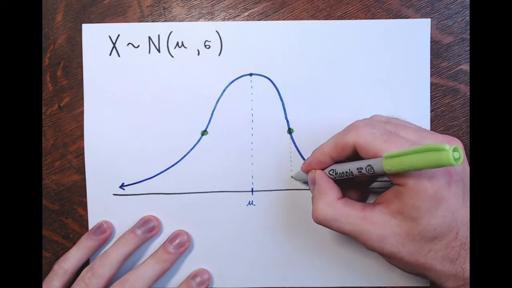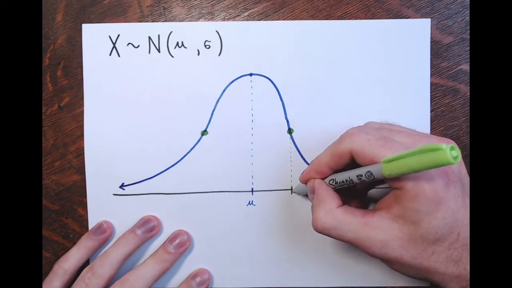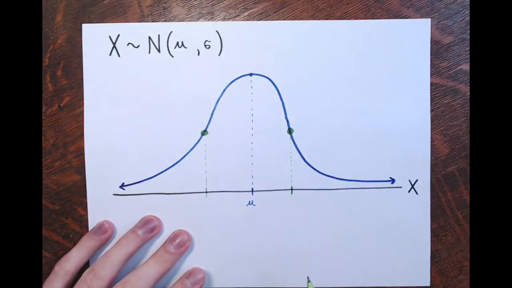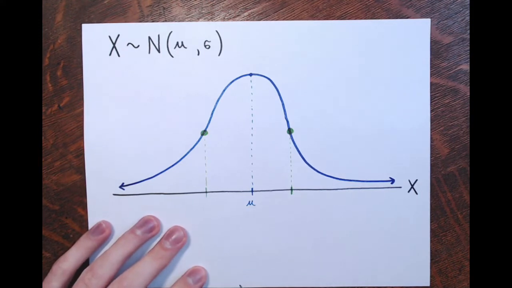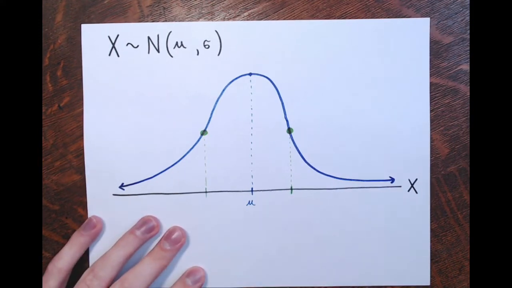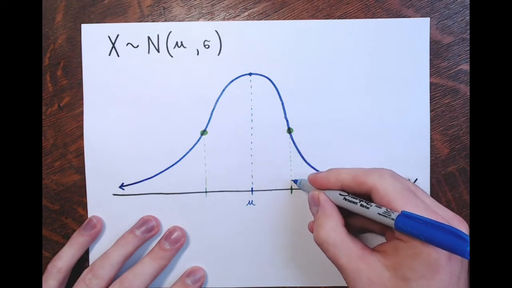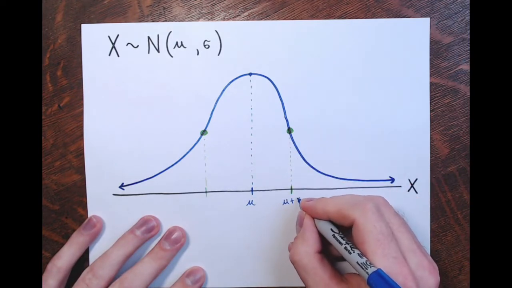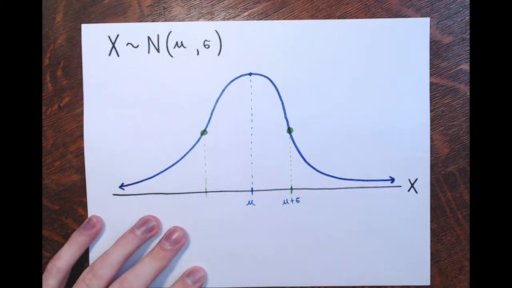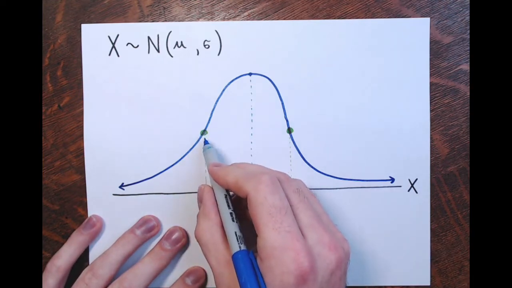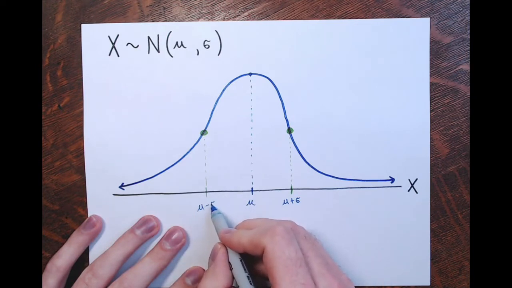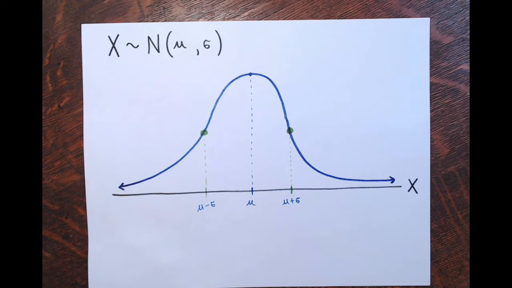The value on the number line beneath these inflection points should be one standard deviation away from the mean. So the value under the inflection point to the right will be at mu plus one standard deviation. And over here under the inflection point to the left will be at mu minus sigma, mu minus one standard deviation.